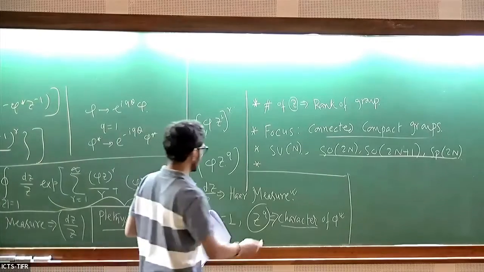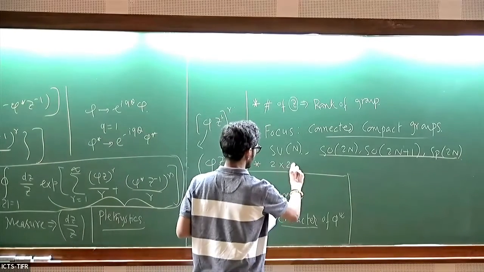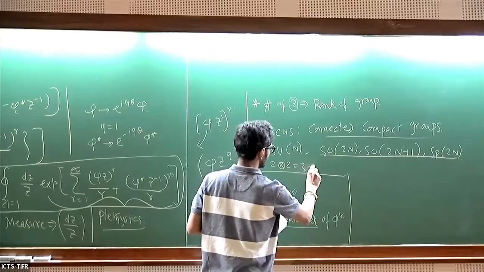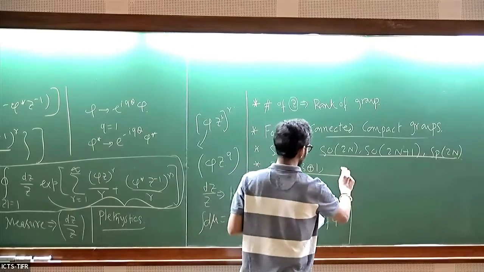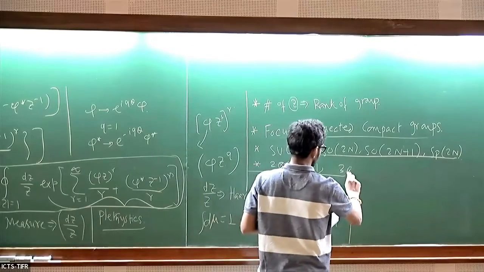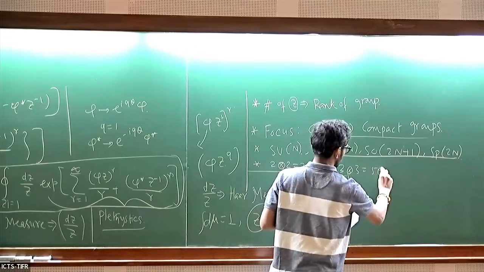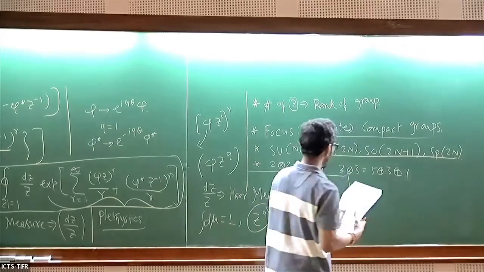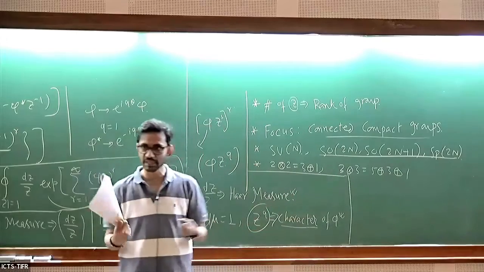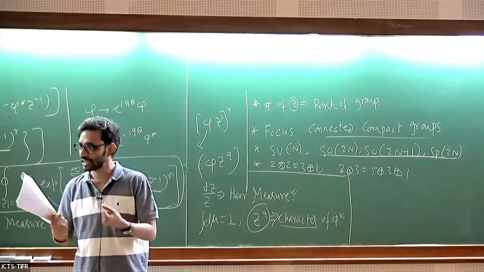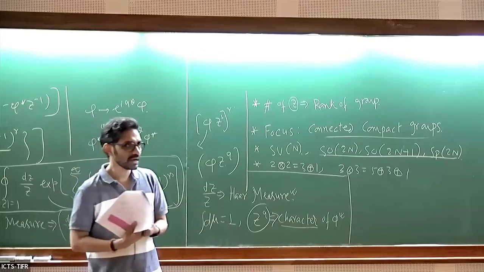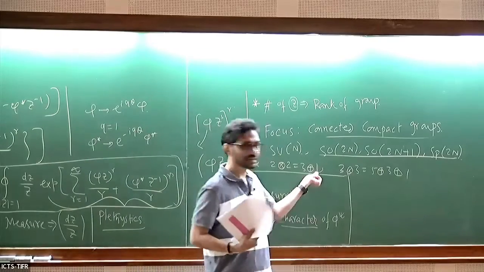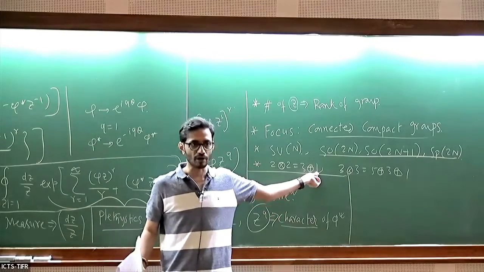For example, for SU(2), 2 cross 2 gives me 3 plus 1, right? 3 cross 3 is 5 plus 3 plus 1. So we'll always look for those representations and try to take a tensor product of them such that at the end of the day I can create a singlet.